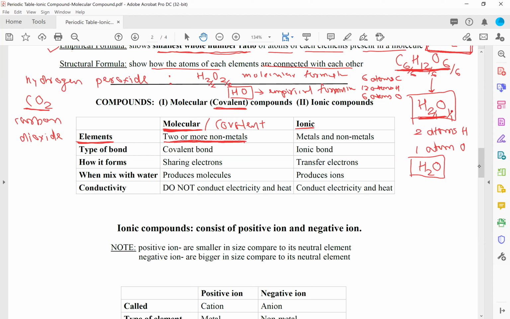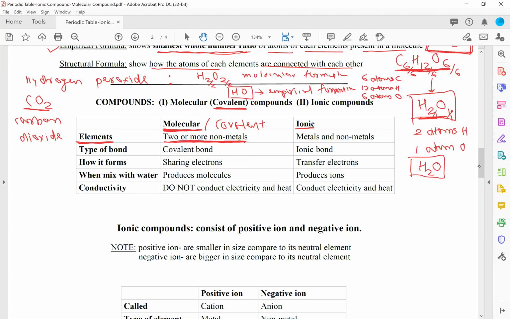If you remember, the non-metals are the ones generally on the right side of the periodic table, or we can say the right side of the metalloids. So if you see two or more elements coming together, and all of them are from the non-metal section of the periodic table, then you can say this is a molecular compound, or a covalent compound.